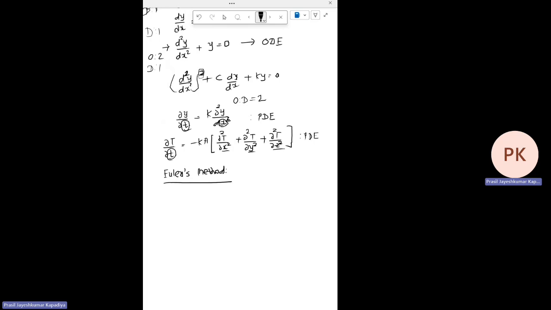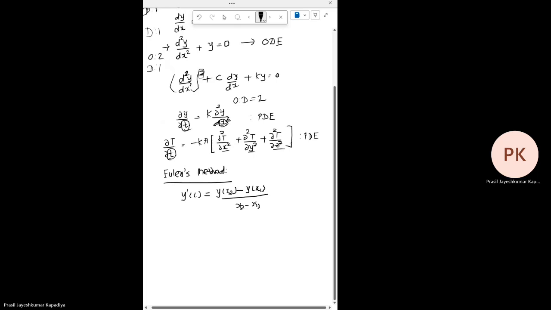The mean value theorem says that if a function is continuous and differentiable between 2 points x1, y1 and x2, y2 on the function, then the slope of the line joining these 2 points is equal to the derivative of the function at one another point, let's say c. So the derivative at point c is equal to y of x2 minus y of x1 divided by x2 minus x1.